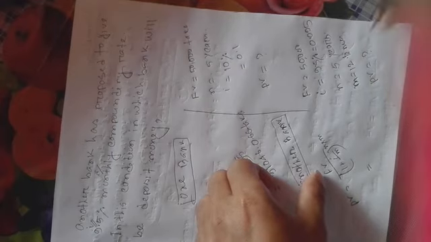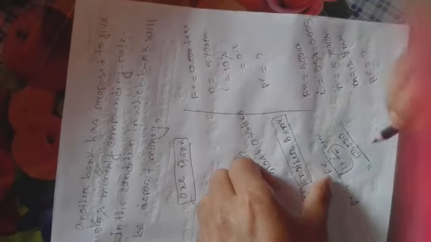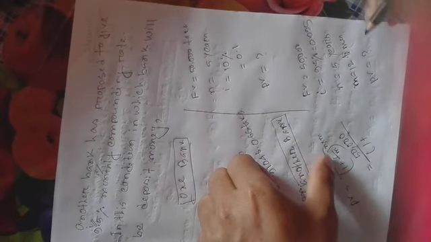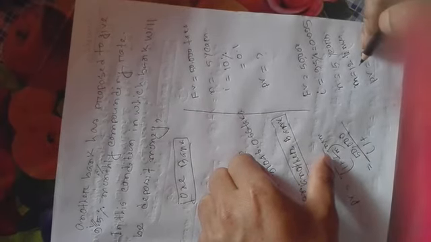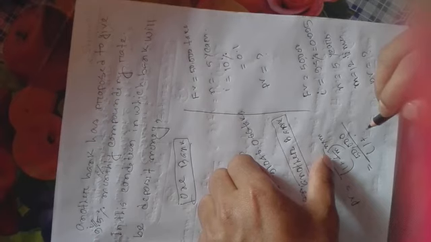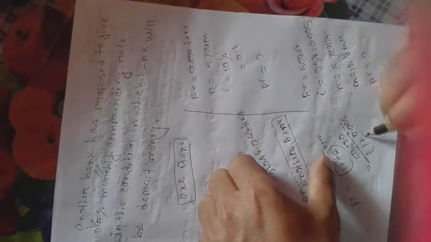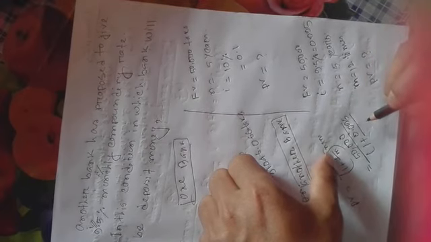Here FV is 50,000 taka divided by 1 plus I divided by M, where I is the rate of interest, 0.095.